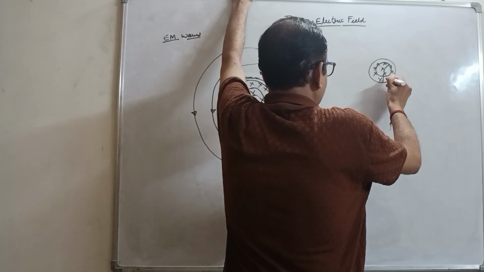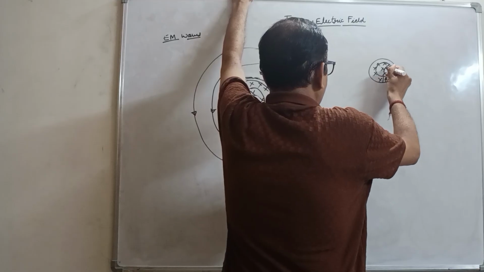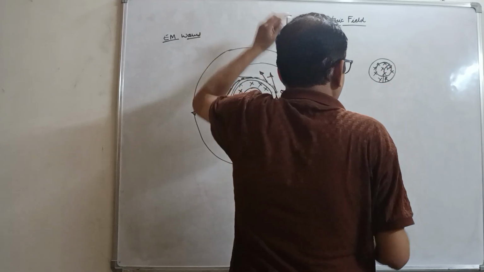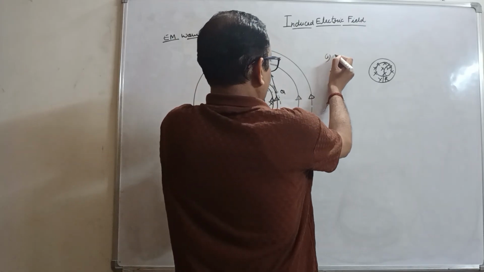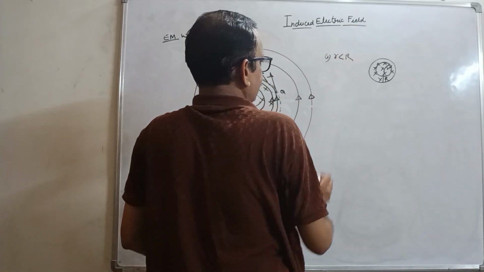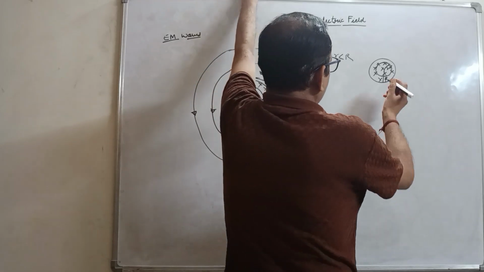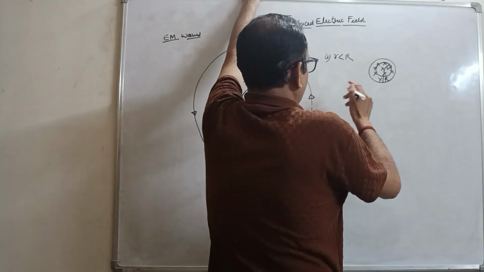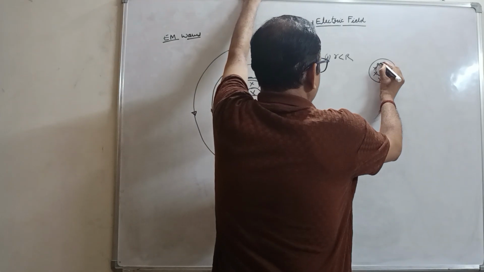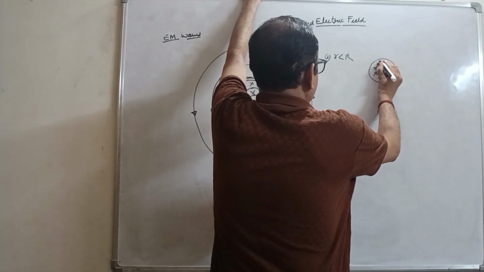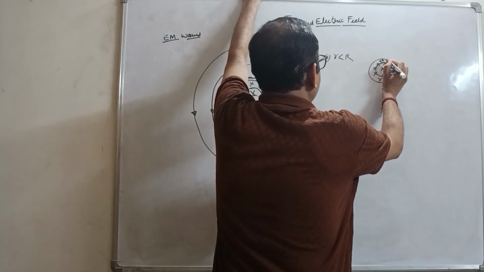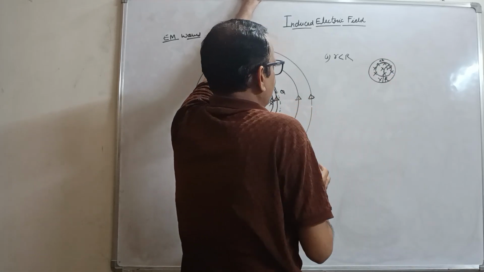This is radius R, and the condition is r is less than R. This is an elemental length dl over here.